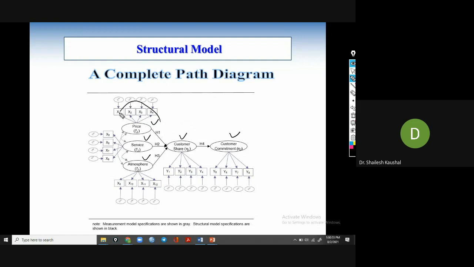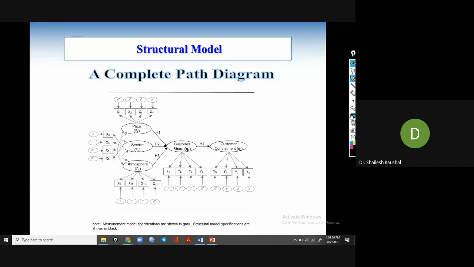It's a confirmatory part when we find the relationship or correlation among the exogenous variables. It's a CFA, and when one construct relates to another, it's a structural relationship. A structural relationship means one exogenous variable and another endogenous variable. CFA means confirmatory factor analysis.